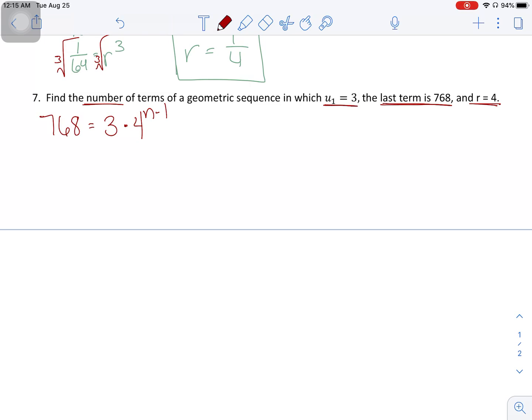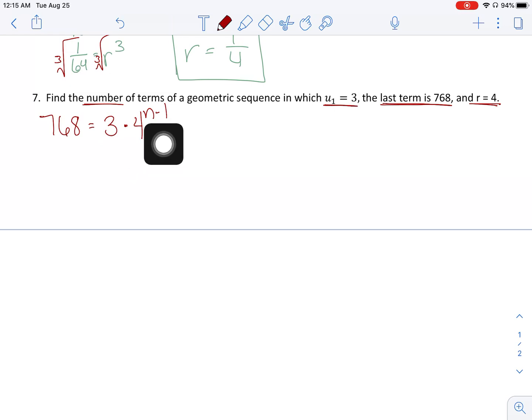Common mistake here. Please do not take 3 times 4. You can't do it. Mathematically, we have to follow order of operations, and if you remember your order of operations, you have to do any exponents before you can do any kind of multiplication.